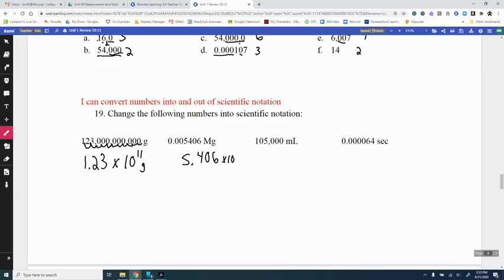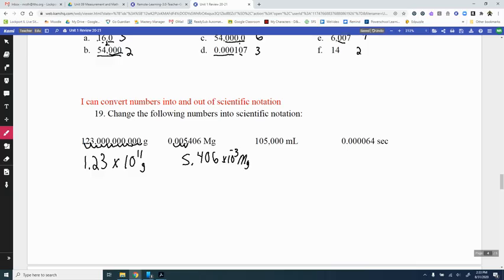Now we have to look at how many places we move. 1, 2, 3 places. So it's times 10 to the 3rd. Since this is a small number, and when I say small, I mean smaller than 1, our exponent is going to be negative this time. And that is megagrams.